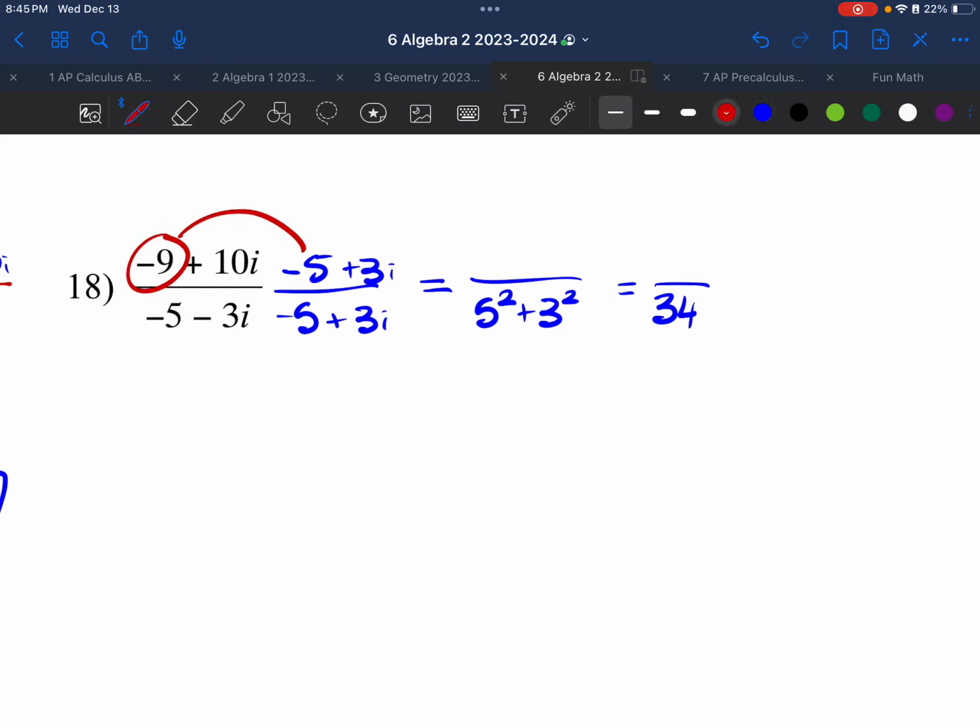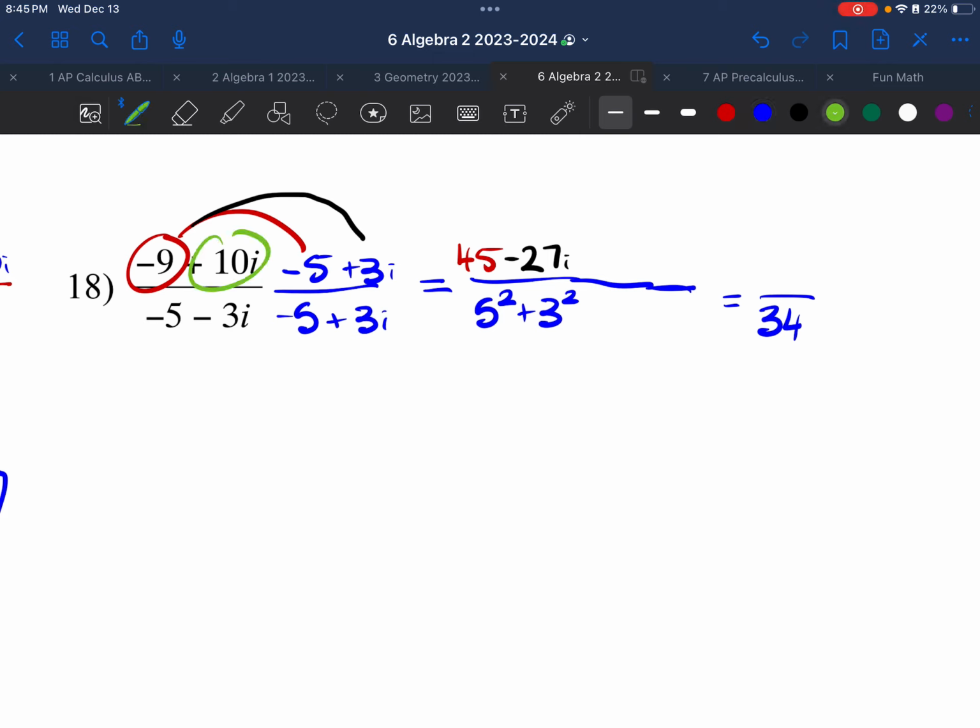Negative 9 times a negative 5 is a positive 45. A negative 9 times a positive 3i is a negative 27i. I'm going to need some more room, so let's go ahead and move these over a little bit, extend our division line, messily, but it works.